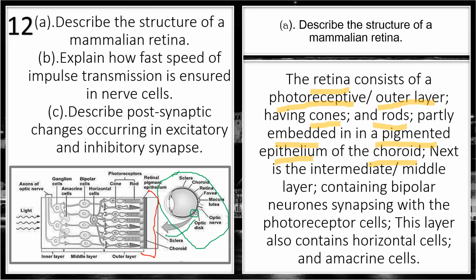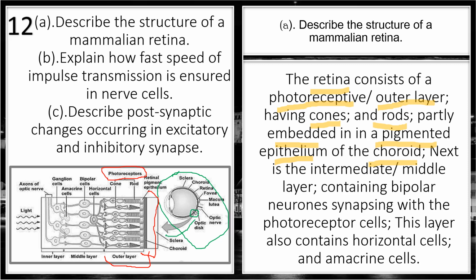And we are saying the retina consists of what we call the photoreceptor, or the outer layer. Here we have what we are calling the outer layer, and this outer layer is the one that has got the photoreceptors.